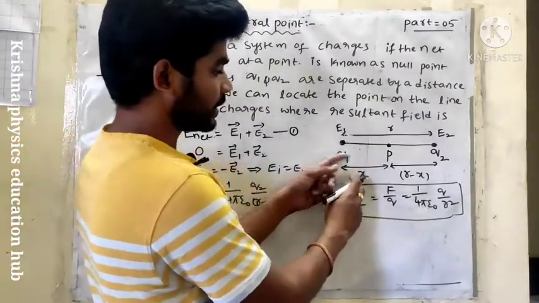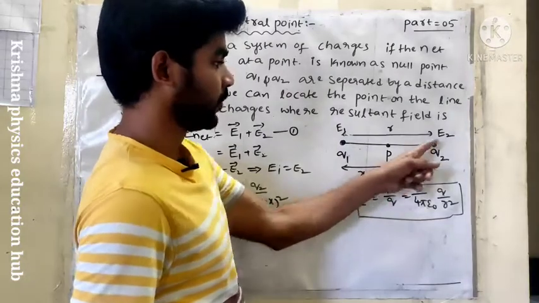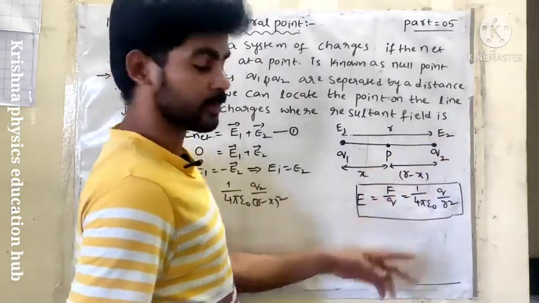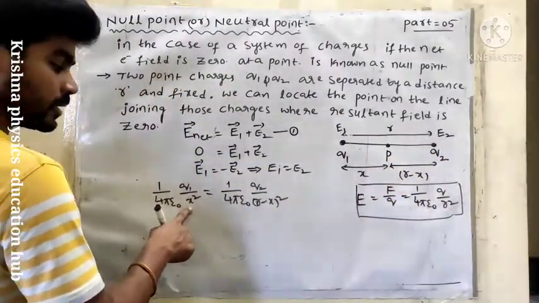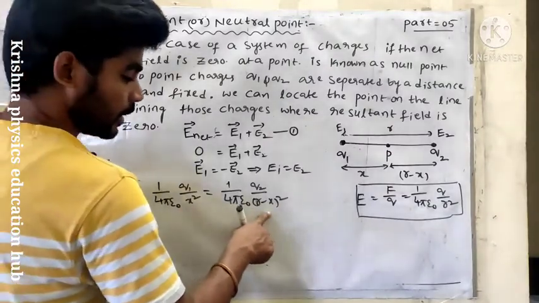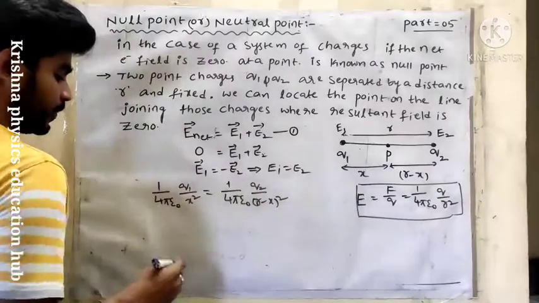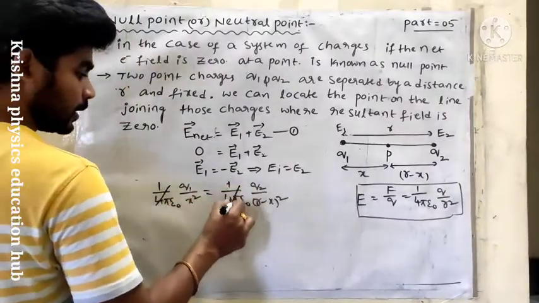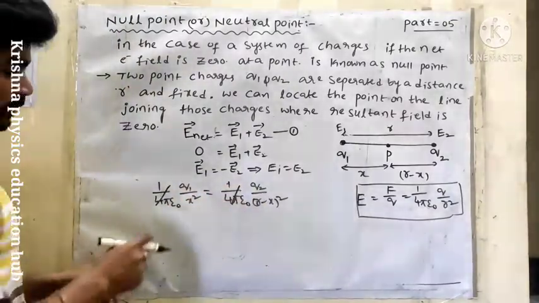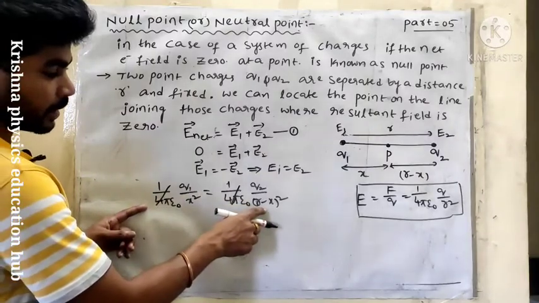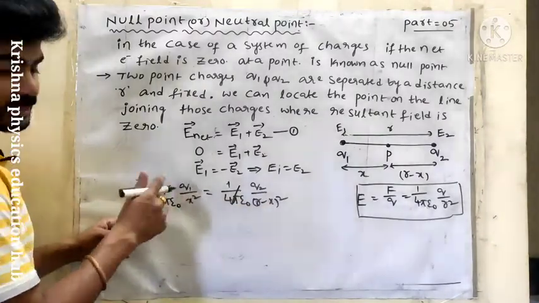Canceling 1 by 4 pi epsilon naught, q1 shifts to this side and r minus x whole square shifts to the other side.